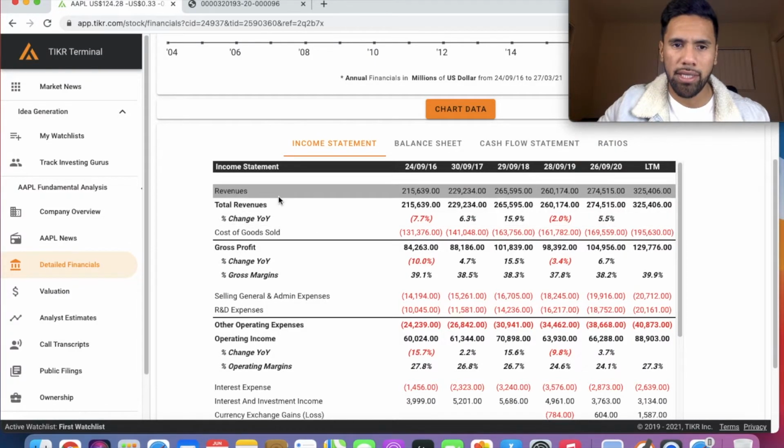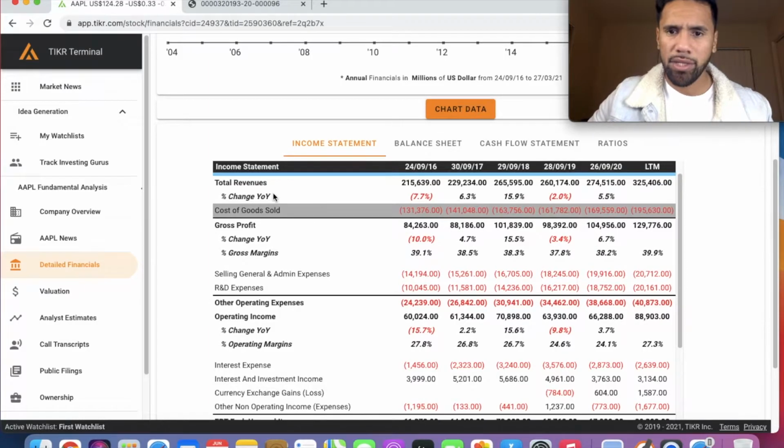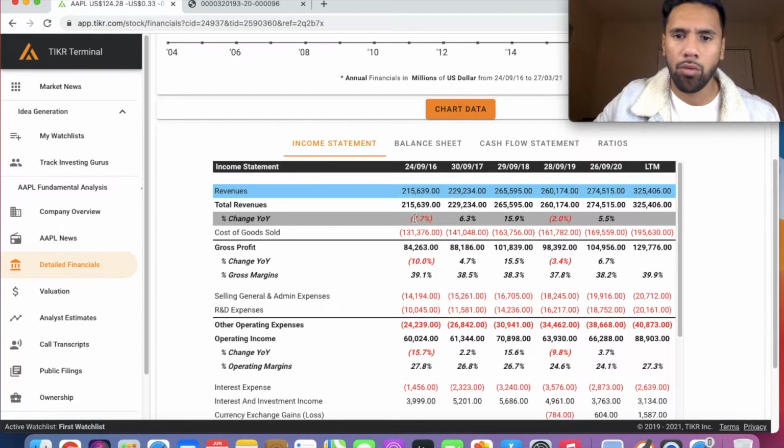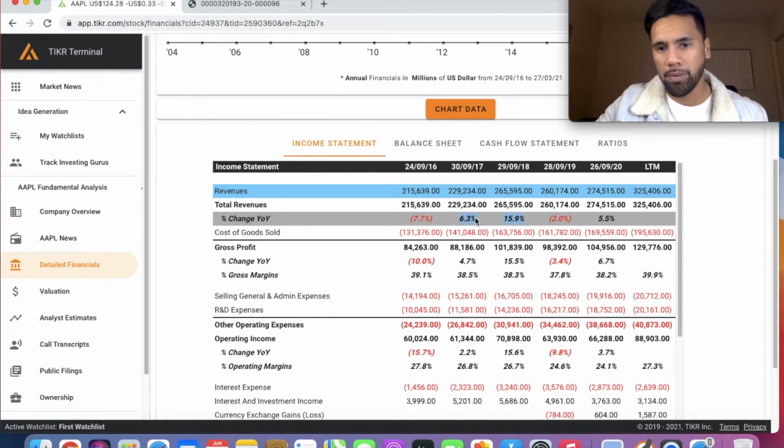You can see here the top line revenue. Like I mentioned before, the top line is the company's revenues. Ticker also lets you know what the change year on year is, percentage-wise. You can see straight away that Apple's revenue has been fluctuating: one year they're down 7.7% from the previous, then up 6.3, up 15, down 2.